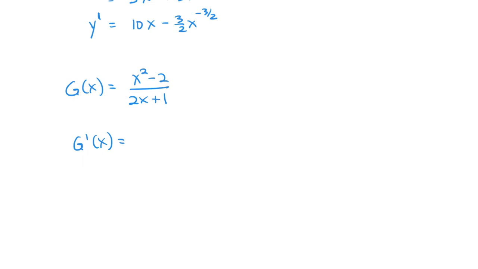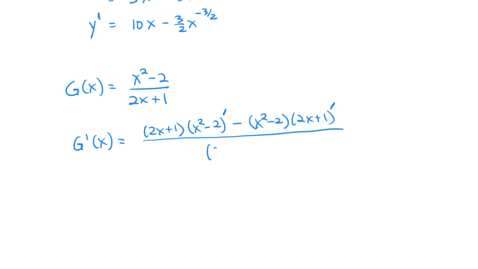So let's try it. So we have low, d high, so derivative of high, right? Low d high minus high d low, derivative of low, all over the square of the bottom we go. Okay, so it's set up.